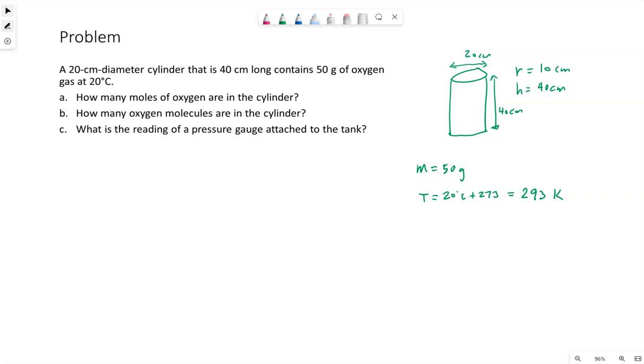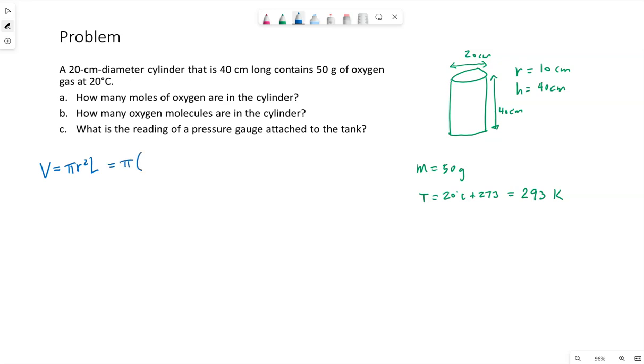Alrighty, so the dimensions of the cylinder will allow us to find the volume. The gas is going to occupy all of the space in the cylinder. So the volume of a cylinder, this is on the back cover of the test notes, if you don't happen to remember the volume of a cylinder.